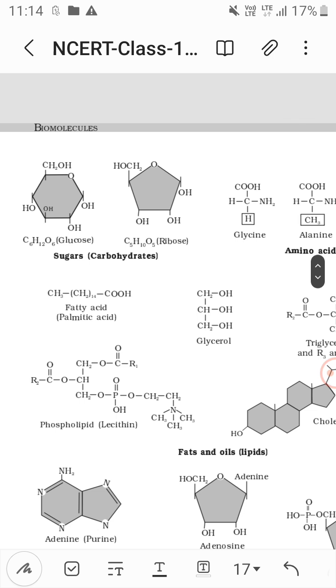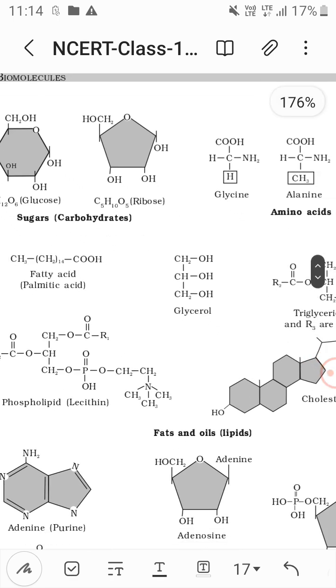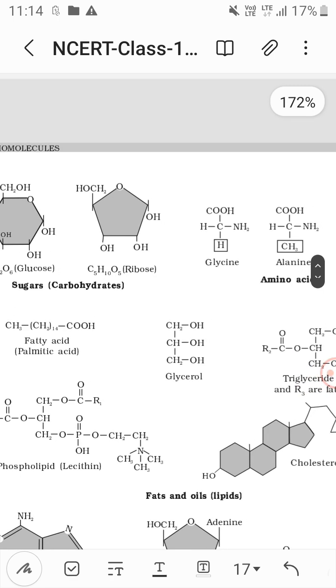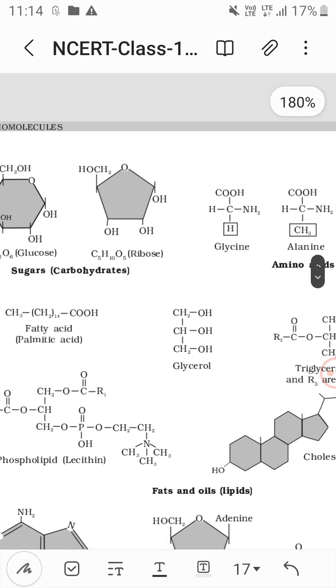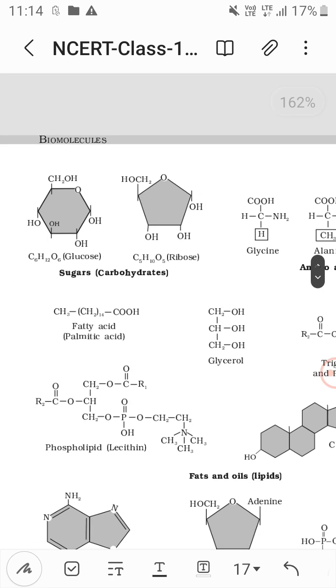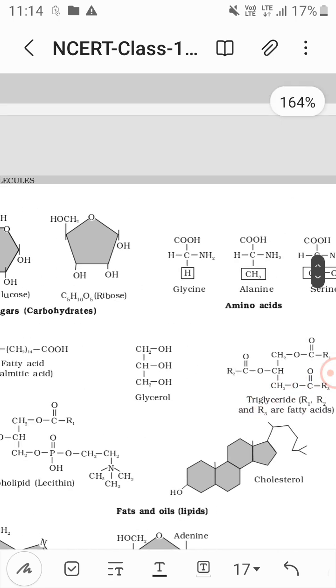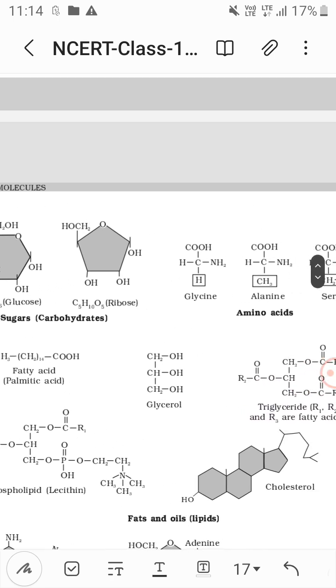So C6H12O6 is glucose, see the diagram, OH at carbon 3 on top, and in ribose all the OH on the bottom. So C5H10O5, this is ribose, these are the sugars, these are carbohydrates.